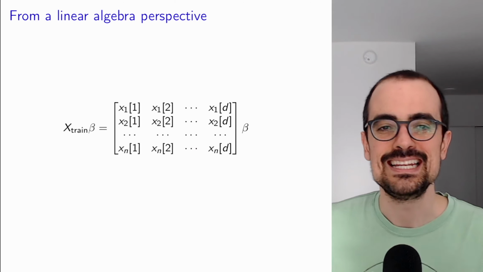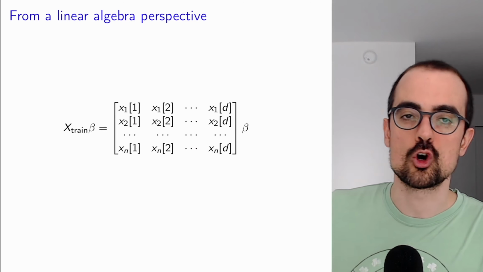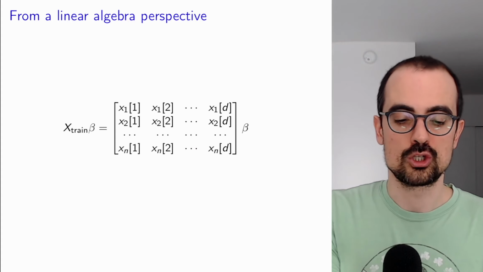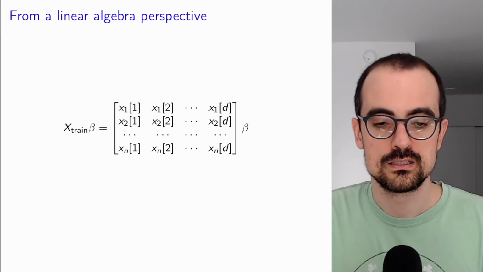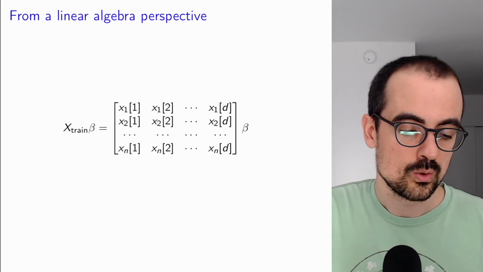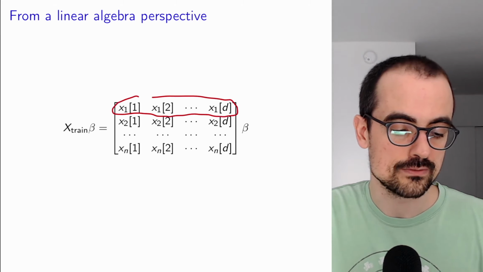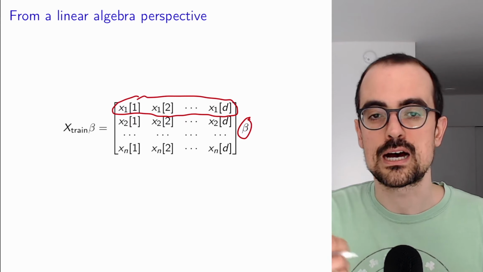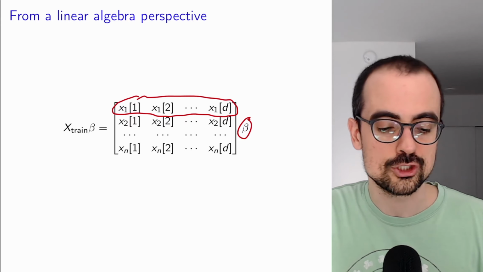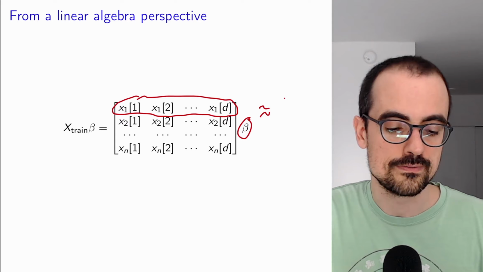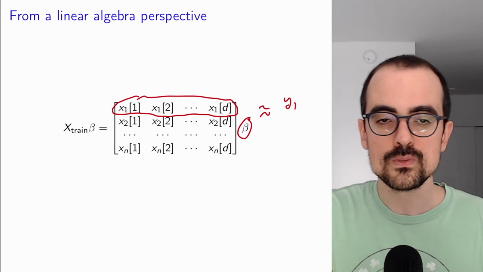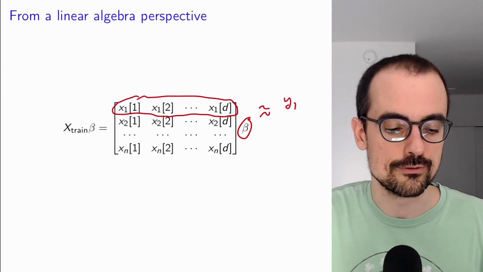Now let's take a linear algebra perspective on our linear model. When we're fitting the training data, what are we doing? We're taking the inner product of the d features for the first example with our estimated coefficient, and that should approximate the first entry of the response.